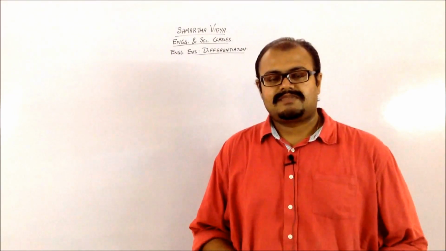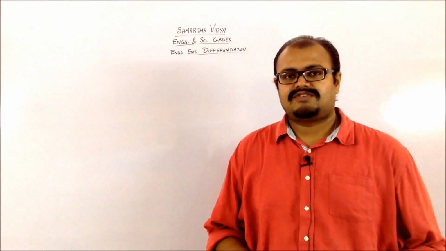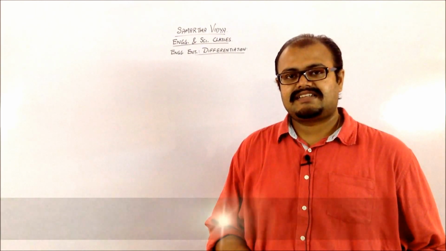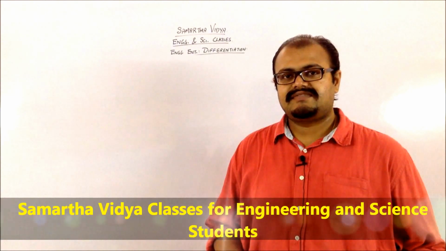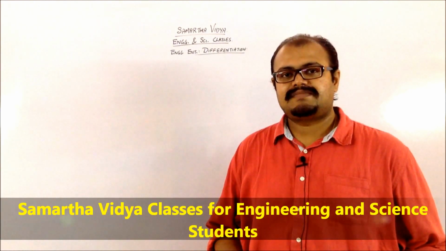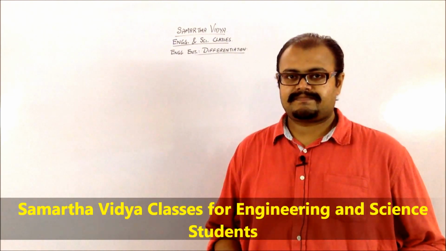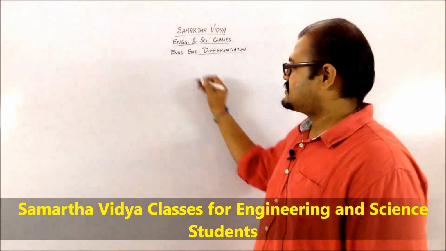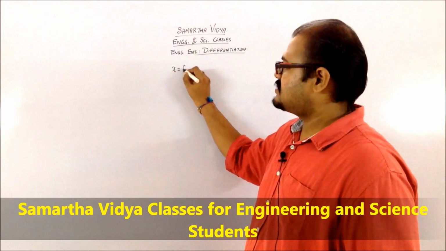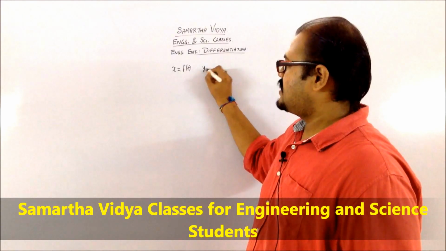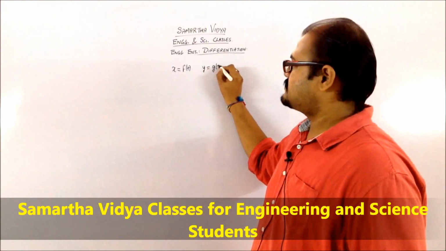Discussing the topic of parametric equations, you have to understand that parametric equations are equations wherein we have two variables which are dependent on another variable. For example, let us consider that x is a function of t and y is also a function of t.